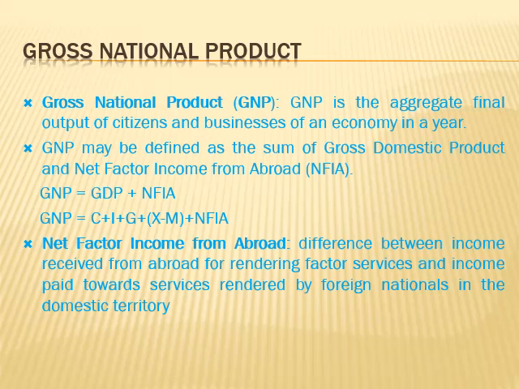The difference between income received from abroad for rendering factor services and income paid towards services rendered by foreign nationals in the domestic territory. This is the net difference between abroad income and domestic income received by the residents.